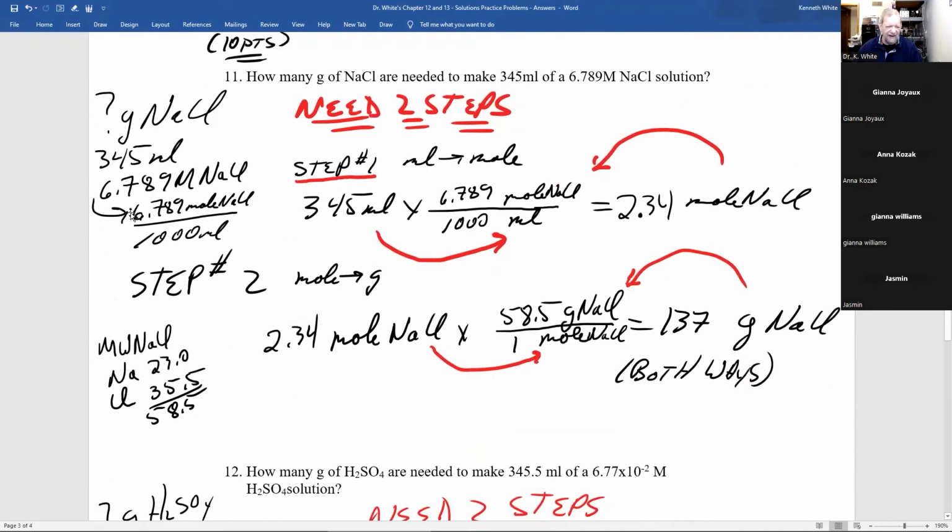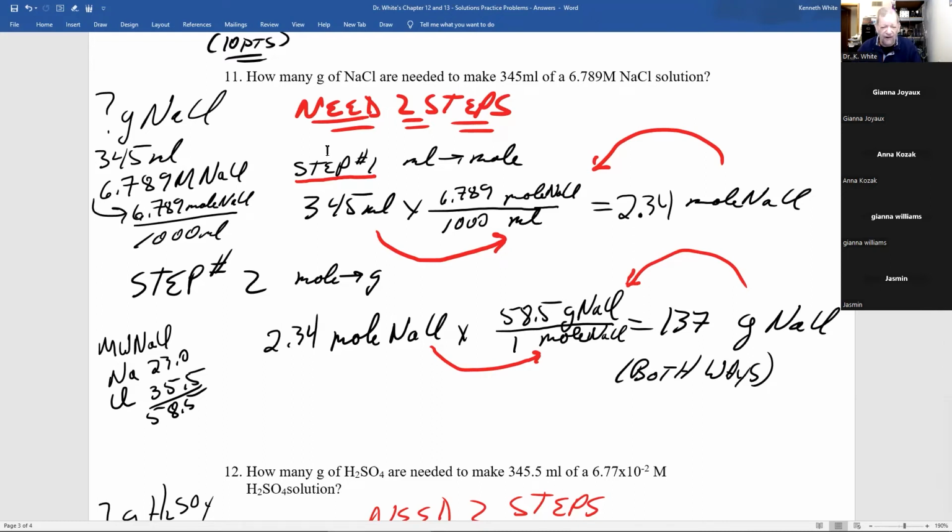So immediately I can write, this means this, 6.789 moles of sodium chloride per 1,000 milliliters. And there's no way I can, which means there's no way you can, so don't try it. I've seen students do that, and it's always wrong. There's no way in one step you can go from milliliters to grams in this problem.